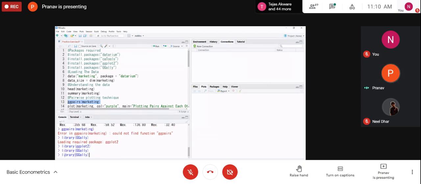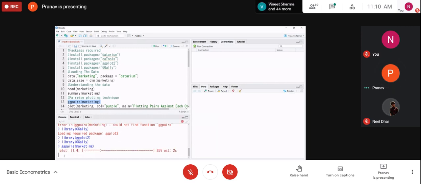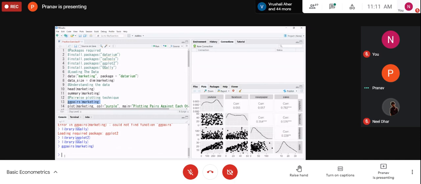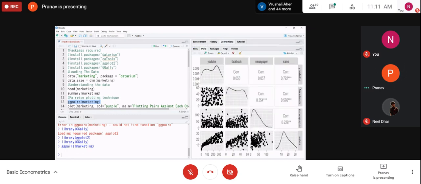Yeah, so now I can use ggpairs, I guess. Can you all see the screen? Yes, sir, it's visible.